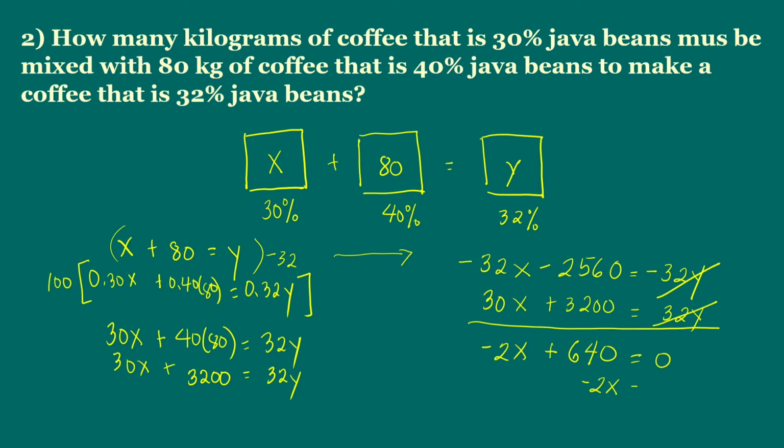So negative 2x equals negative 640. Divide both sides by negative 2. Right? So this will give us 320 kilograms.